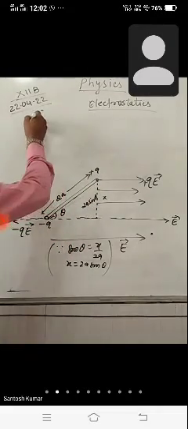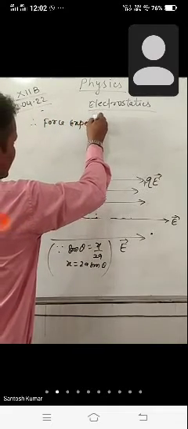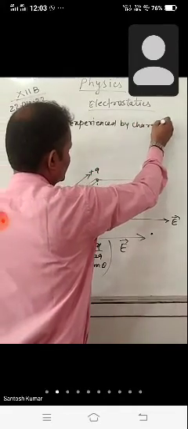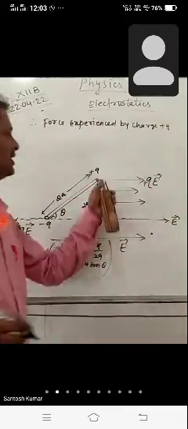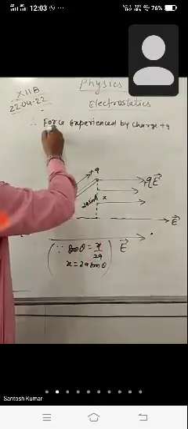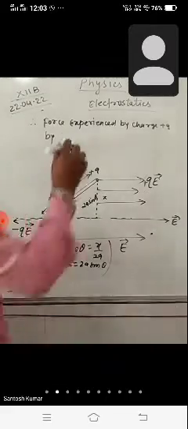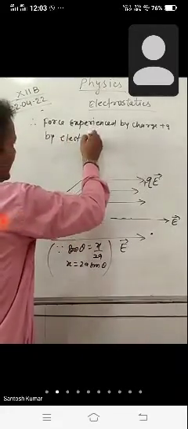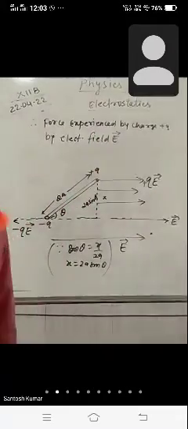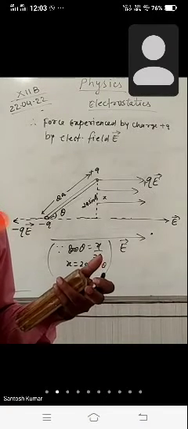Therefore, the force experienced by charge plus q by electric field E is an electrostatic force.